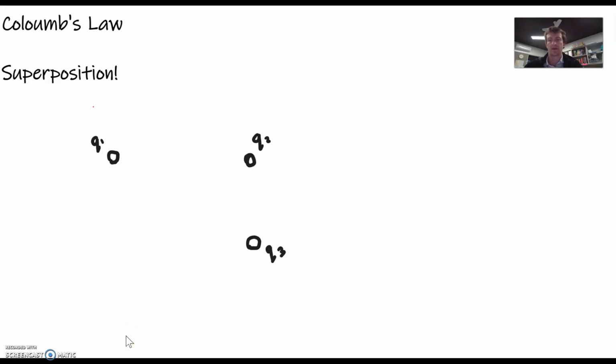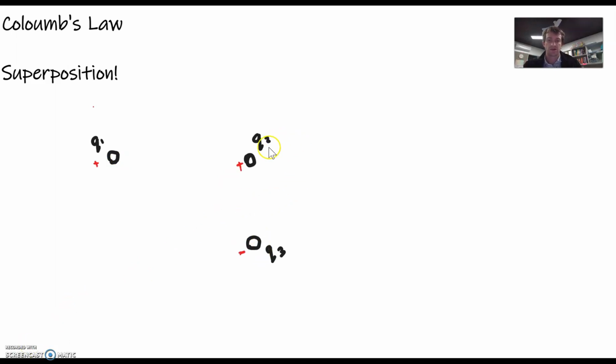And we're focusing on just one of those charges. So in this question here, we'll focus on just this charge, and we want to find what the total force on that charge is. We have to recognize that it will experience two forces because of the two other charges. So it gets Coulomb's law twice.